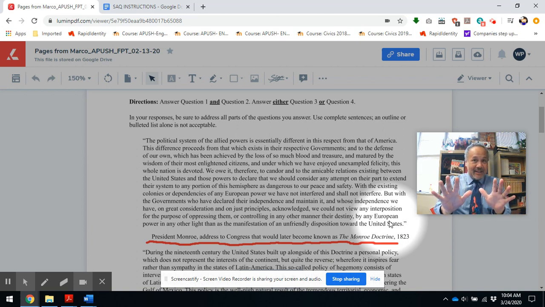It's not a military alliance. It's just saying that we have some kind of unwritten agreement that interfering with a Latin American nation is getting too close to the United States and what we want to do in our region of the world.